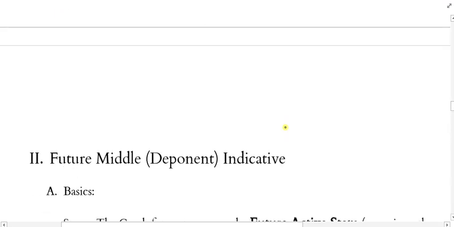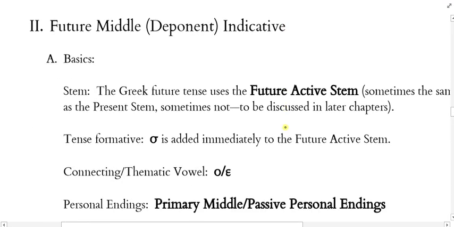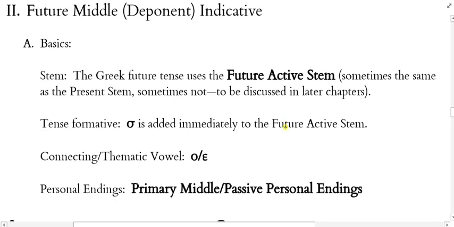All right. We all good here? Okay. Let's take a look at how to form future middle, or as Mounce describes some of these forms, future deponent indicative verbs. The basics here are actually all the same as what we've already seen for the future active, except for this. I'm going to use the same stem as I used for future active. So I use the future active stem for my future middles.